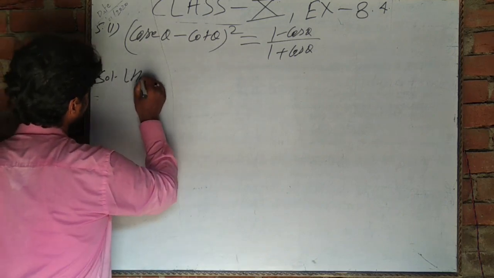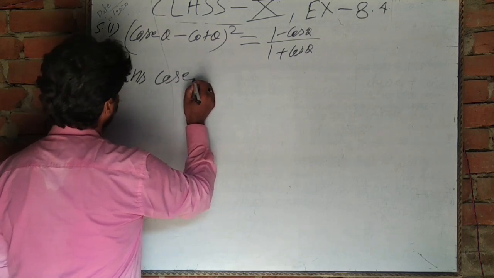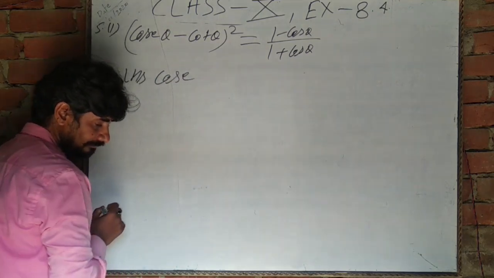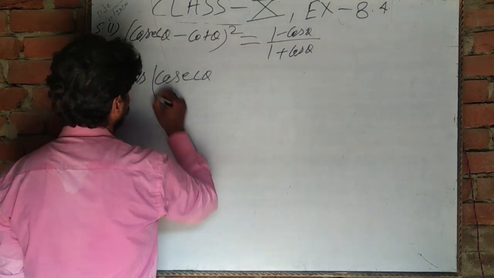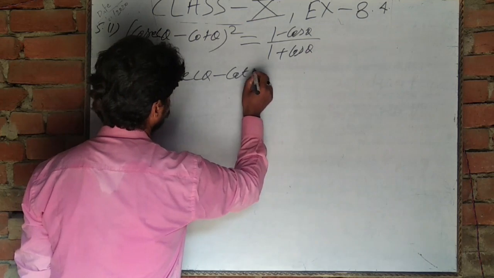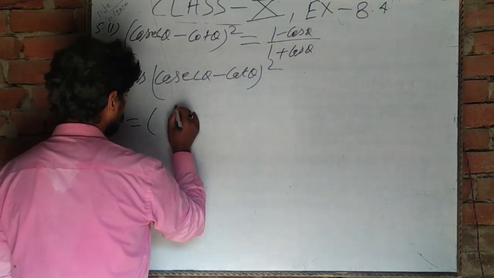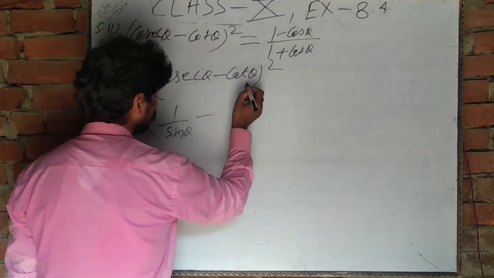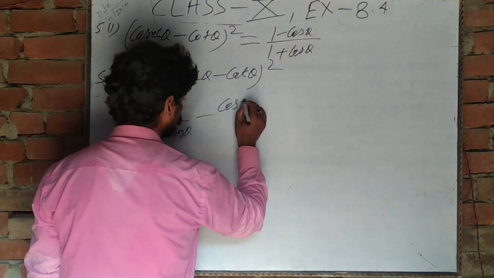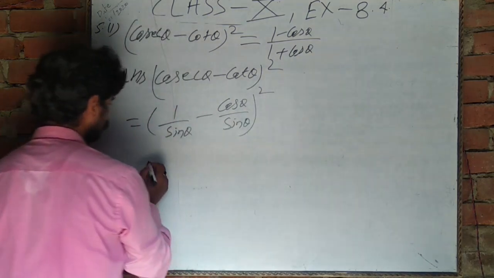Here LHS, cosec theta minus cot theta whole to the power 2 equal to, cosec means 1 by sin theta minus cot means cos theta by sin theta, whole to the power 2.